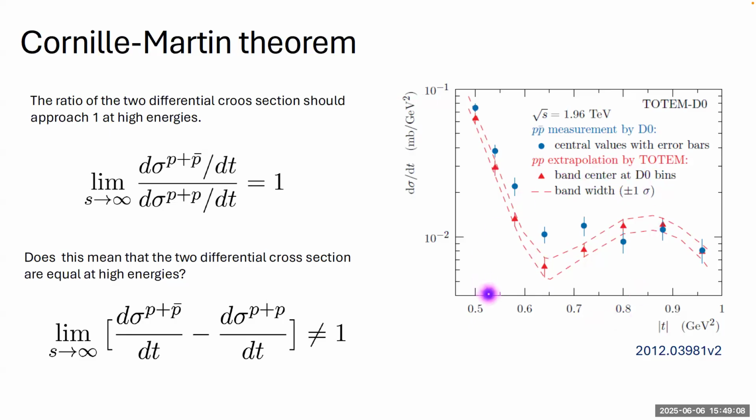You can see here, in blue, the data from the measurement of the D0 collaboration, p-pbar, and then the people extrapolated the data from TOTEM to this energy, and you can see here. But this is part of a hot discussion today about whether the Odderon was discovered.